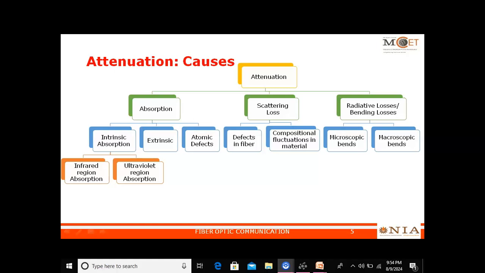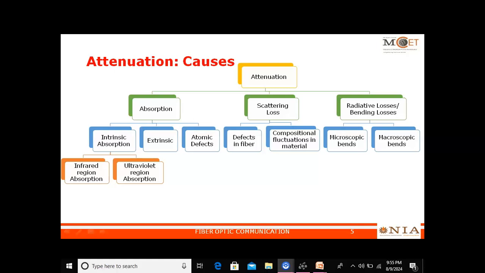Some higher order modes are at the edge of the fiber, the core and cladding boundary, so there is a possibility of spreading. Some of the light pulse will enter and radiate into the cladding. That produces a scattering effect, which is called scattering loss.